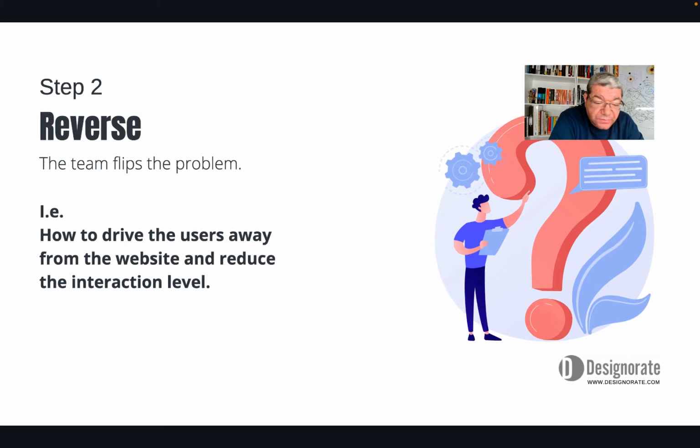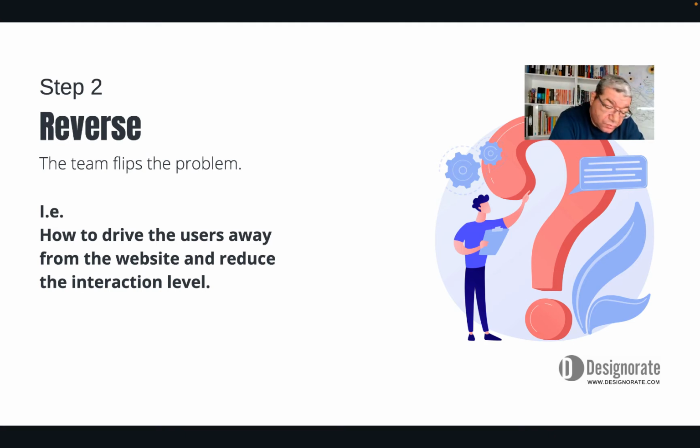Then in step number 2, we reverse the problem. Instead of trying to make the user interact better with our website, we try to drive the user away from the website, making their experience more horrible, or their interaction with the website more painful than it is.